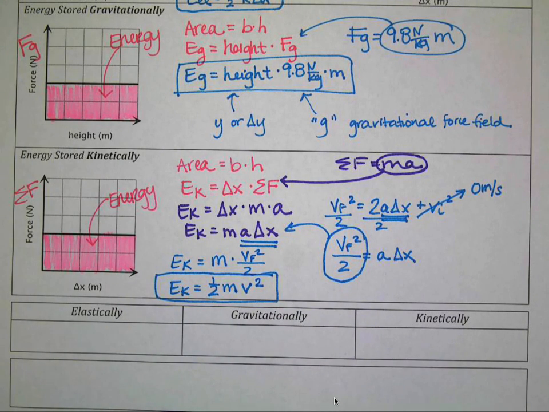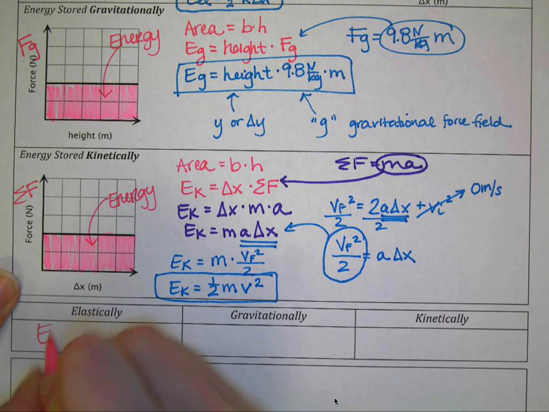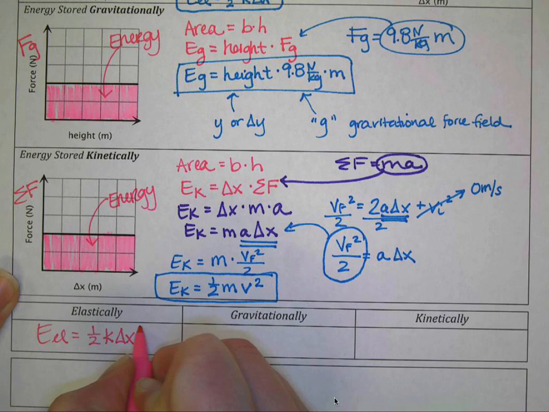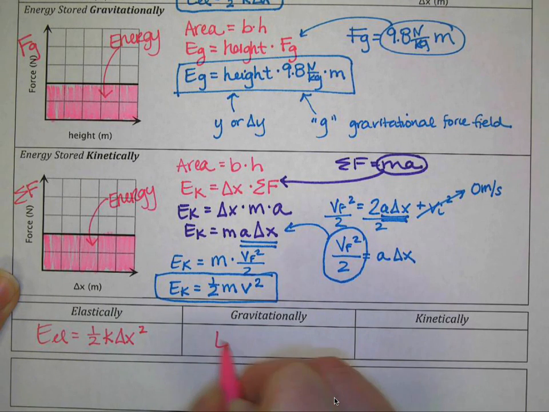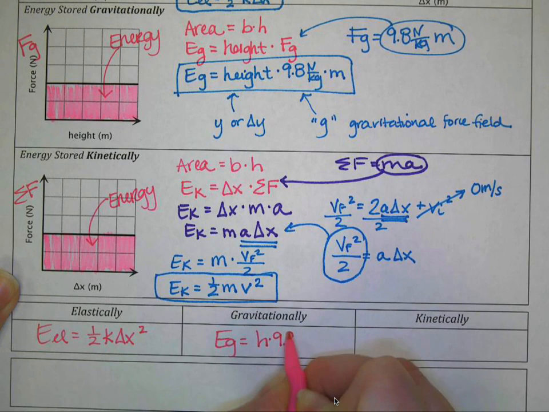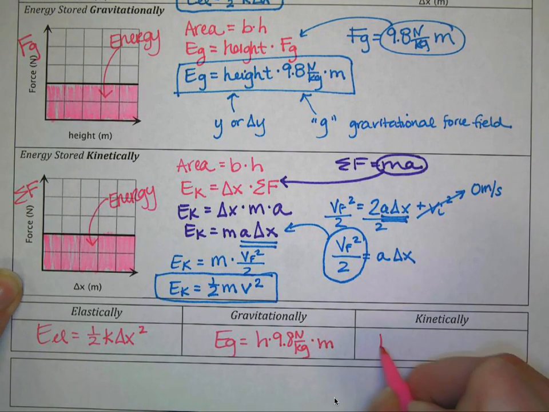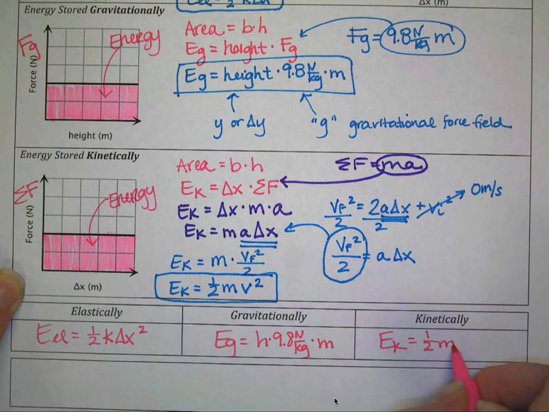We can summarize it down below. Elastically stored energy is equal to 1/2 k delta x squared. Gravitationally stored energy is equal to height times 9.8 newtons per kilogram times mass. And kinetically stored energy is equal to 1/2 mv squared.